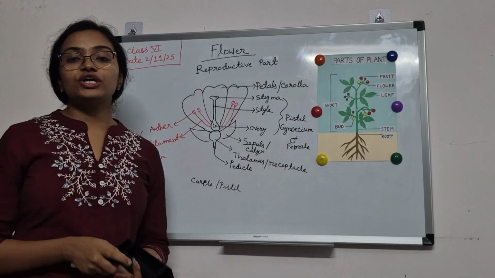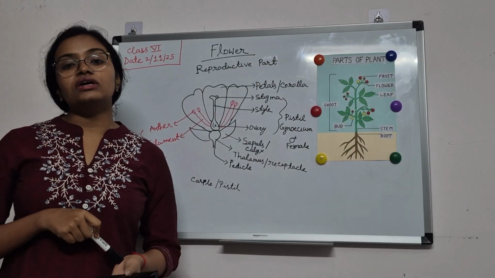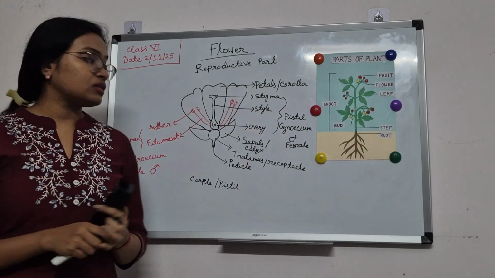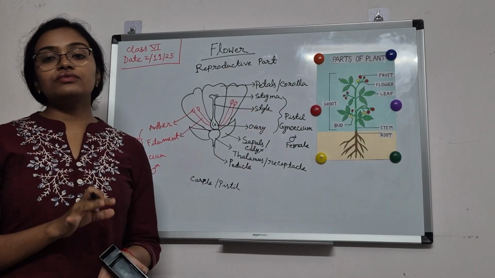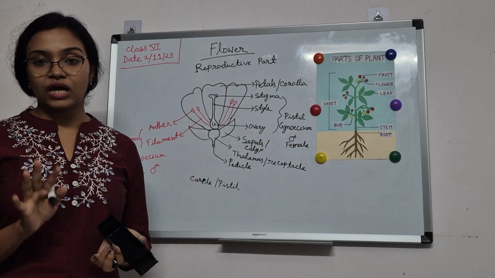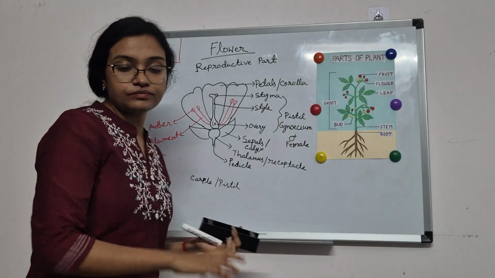In our surroundings we can see different flowers, but in all flowers these parts are not present. According to this, we can divide the flowers into two types, that is true flower and false flower.